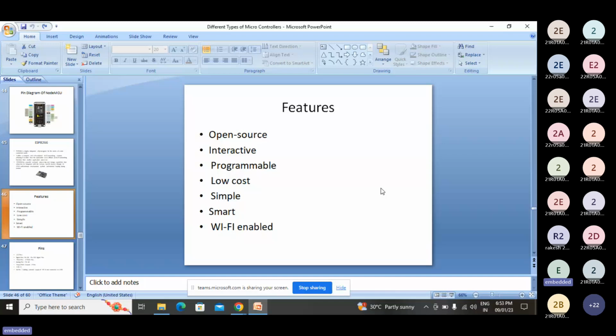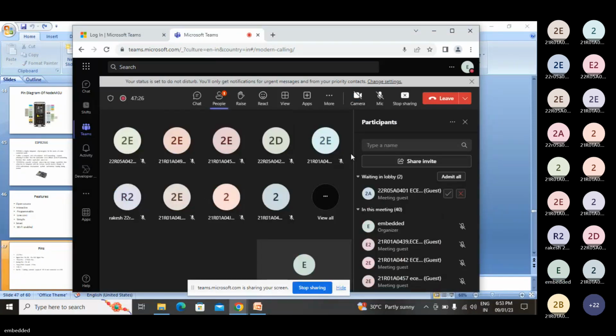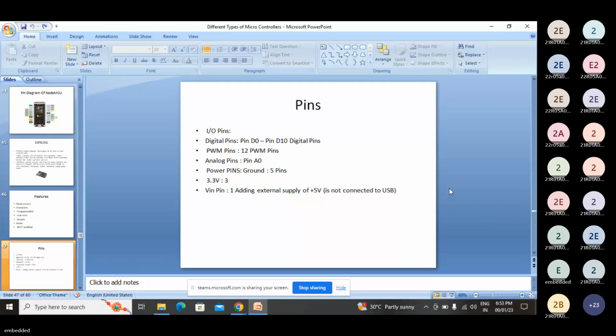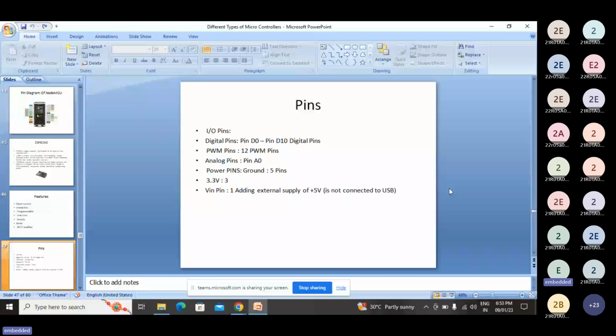As you know, other microcontrollers need external Wi-Fi support, but the ESP8266 has inbuilt Wi-Fi. Next, pins present in the ESP8266 processor: digital pins D0 to D10.